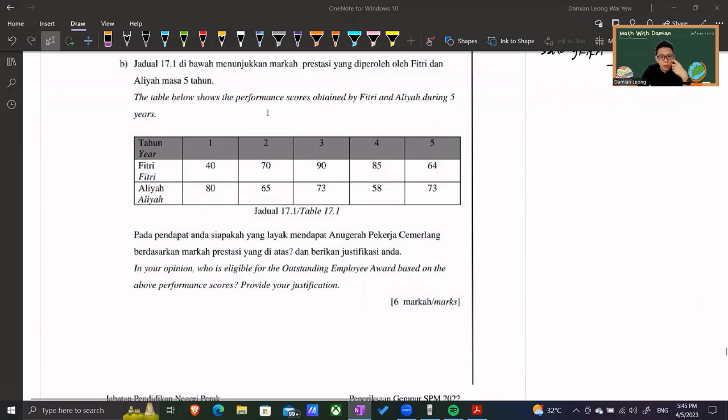Yeah, part B. In your opinion, who is eligible for the Outstanding Employee Award based on the performance scores? Provide justification. So, Outstanding Employee Award based on the scores here.